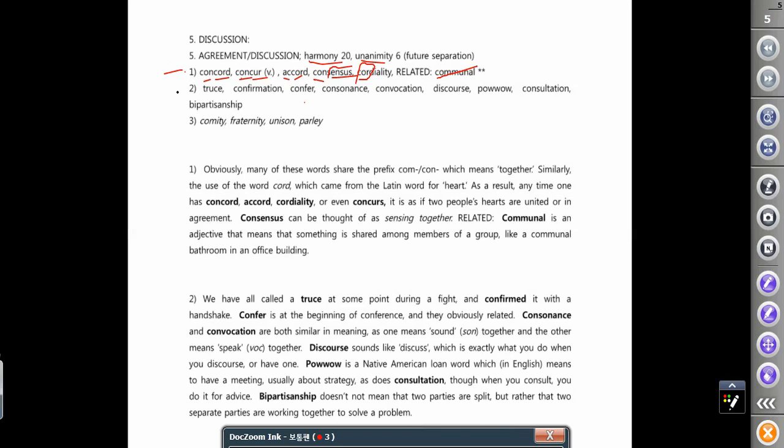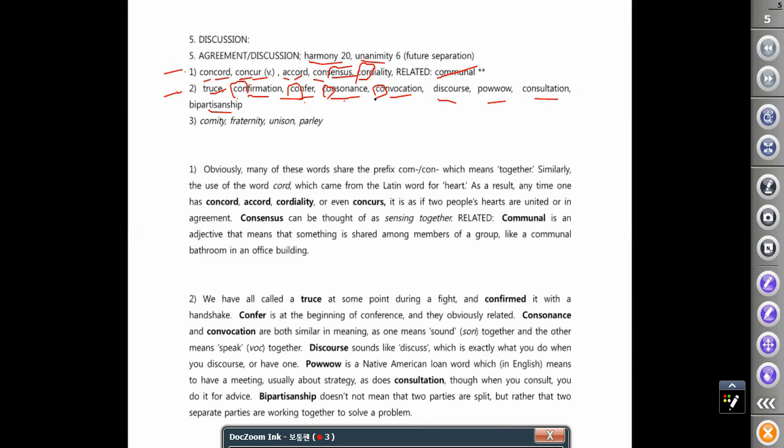In level 2, we have truce, confirmation, confer, consonance, convocation, discourse, powwow, consultation, and bipartisanship. And just like in the other family, we've got that same connection of con, which means together. And then we have different things that mean mostly speak, like confirm means together strong, like firm or strong.